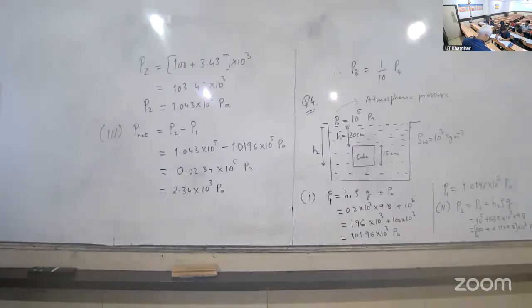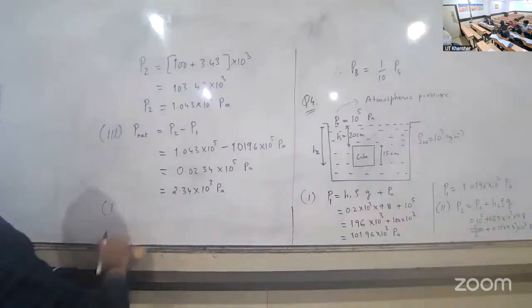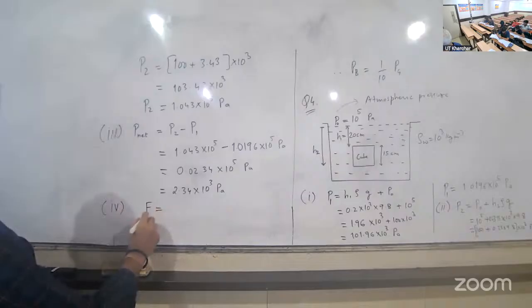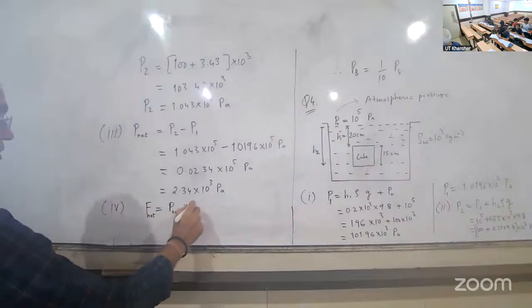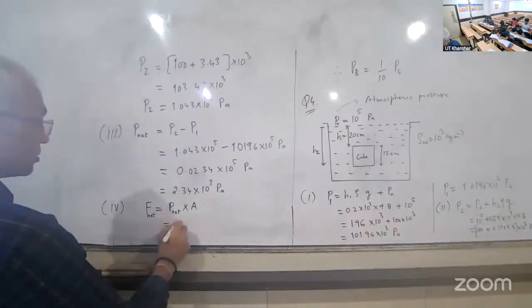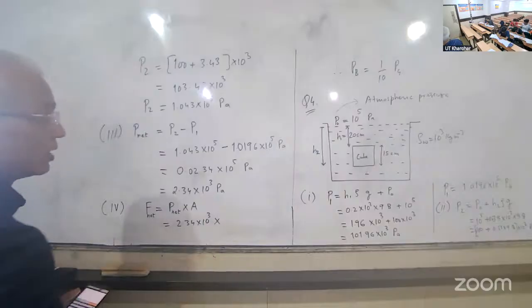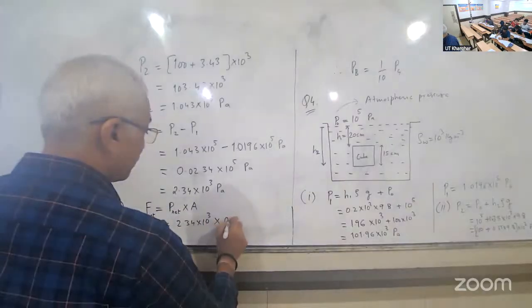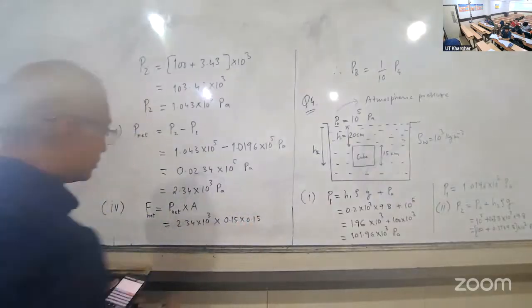So the resultant thrust on the cube. What is the resultant thrust on the cube? The resultant thrust is equal to P net into the area of the cube. What is the area? The area is 0.15 into 0.15 meter square.